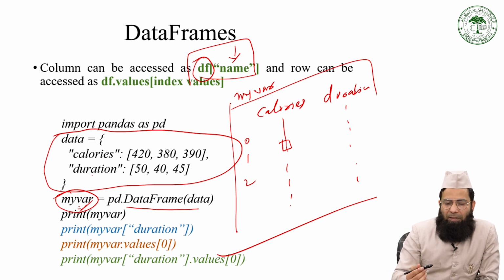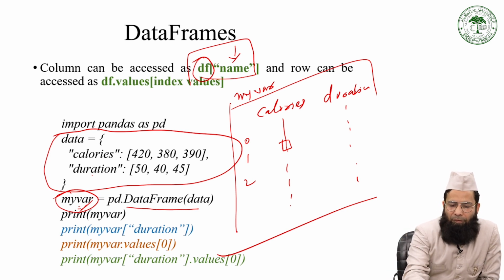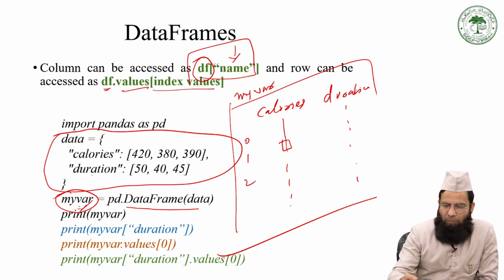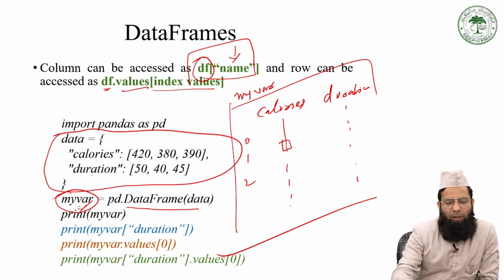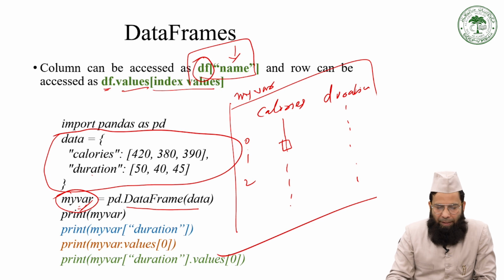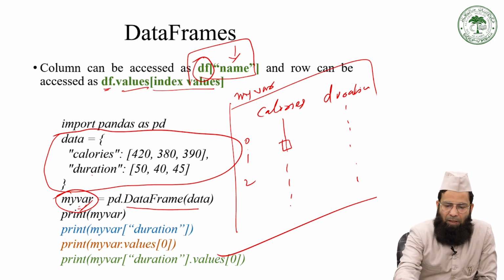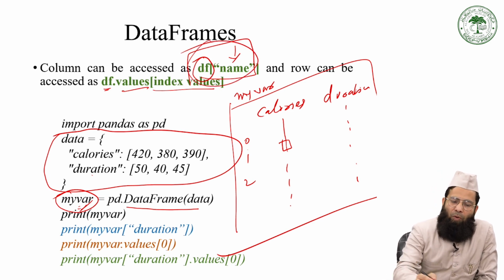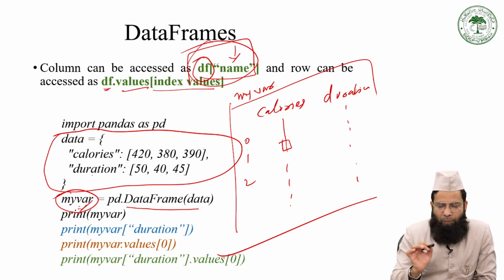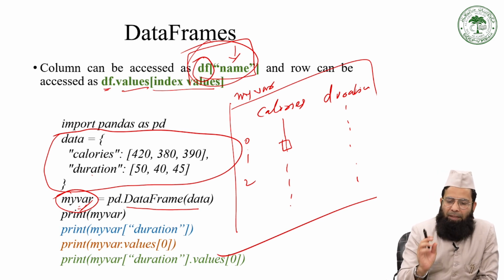And a row can be accessed using df, which is a data frame object, dot values and index values. Index values could be 0, 1, 2 and so on, depending on the number of records. In this way we access the data. So a column can be accessed using df in this way, and a row can be accessed in this particular manner. If you want to access a single cell value, what will we use?